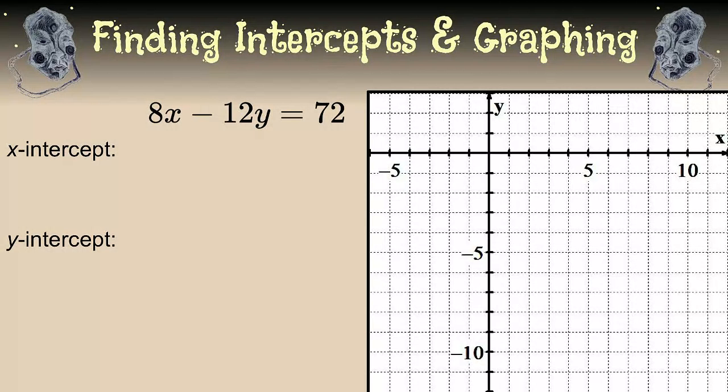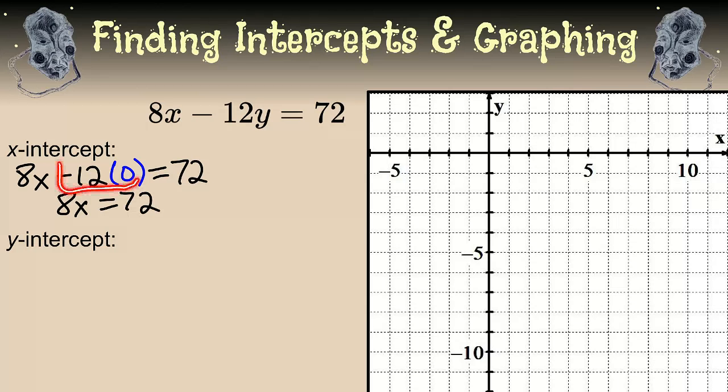Let's go through this together. To find my x-intercept, I'm going to plug 0 in for y, and then solve for x. So I have 8x equals 72 because this makes a 0.